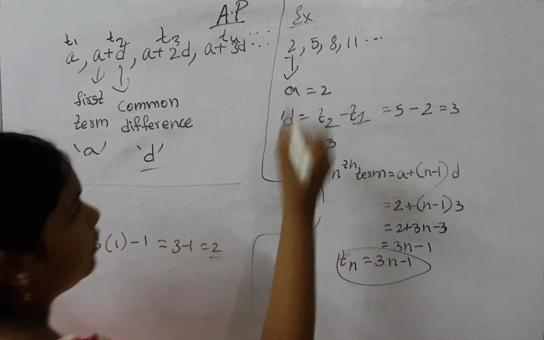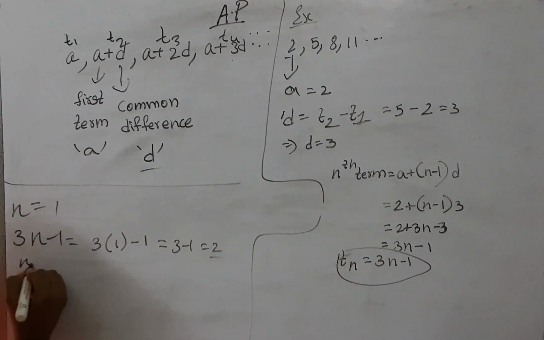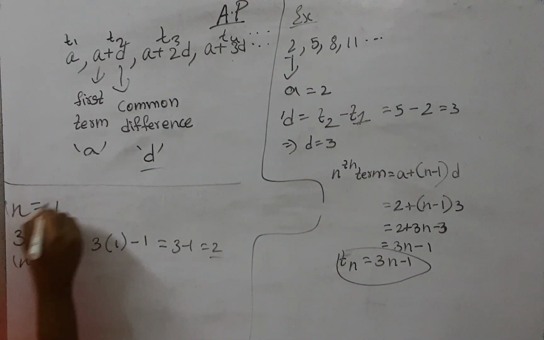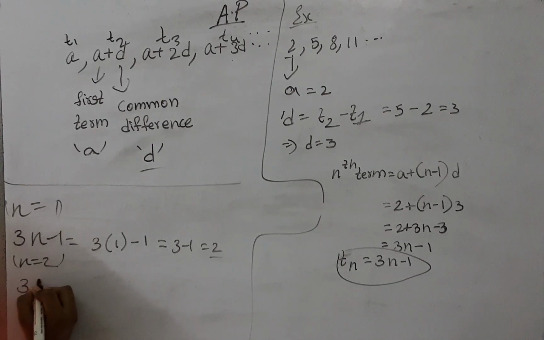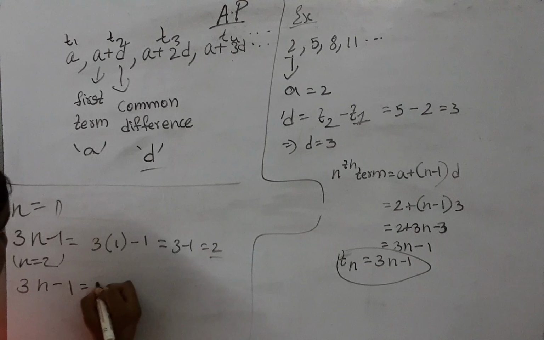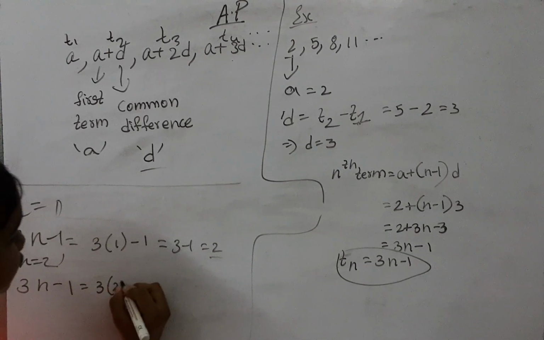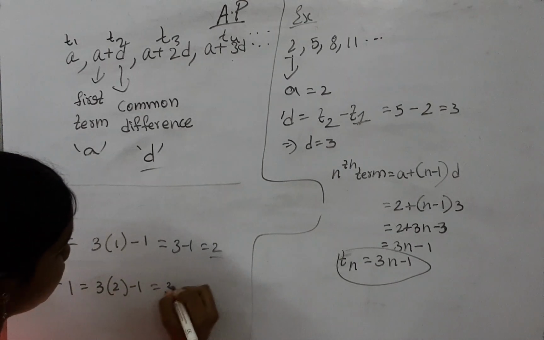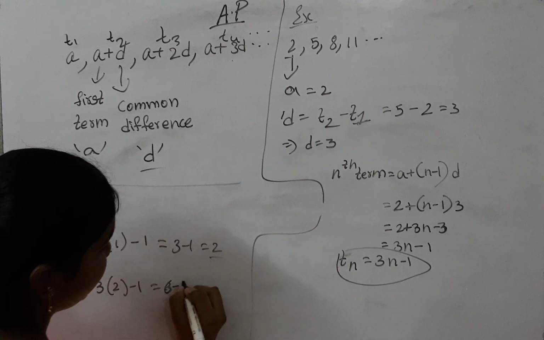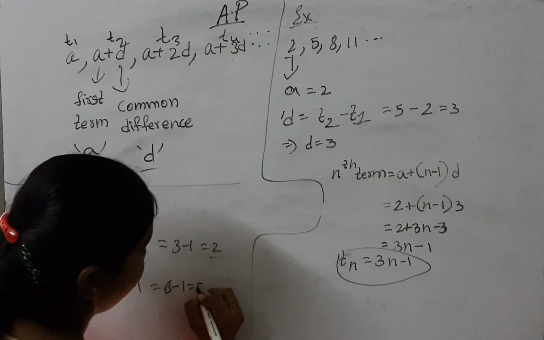First number we got the same. Second one, n equal to 2: 3n minus 1 is equal to 3 into 2 minus 1, 6 minus 1, equal to 5.